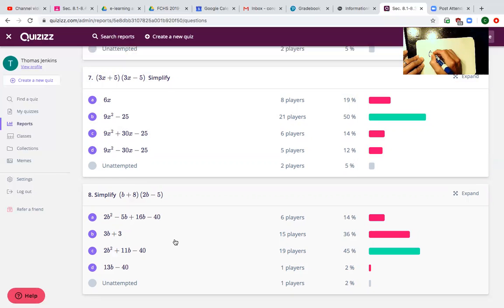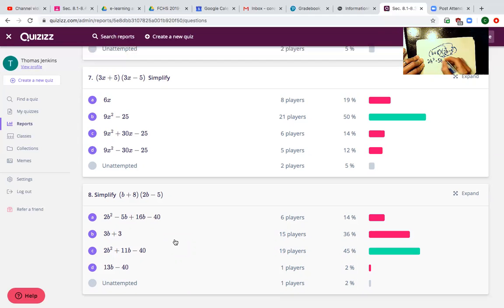So let me show that one more time. This was b plus 8 times 2b minus 5. I'm going to distribute again. I'll show my work a little bit differently here. So b times 2b is 2b squared. b times minus 5 is minus 5b.